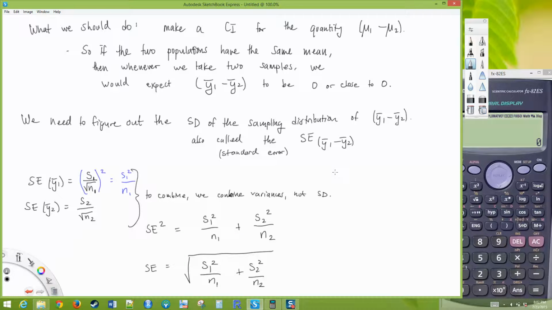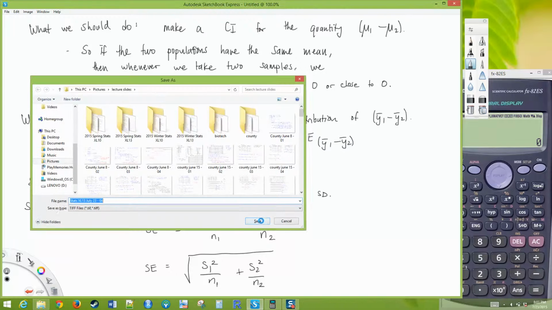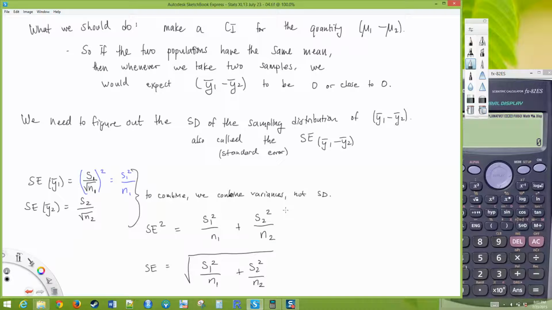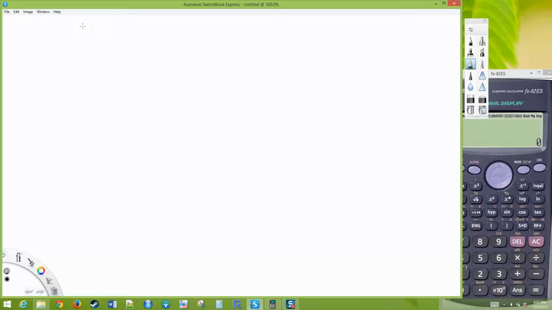Okay, and so using the same form for the confidence interval, we're going to get this. So the confidence interval for the quantity mu1 minus mu2.